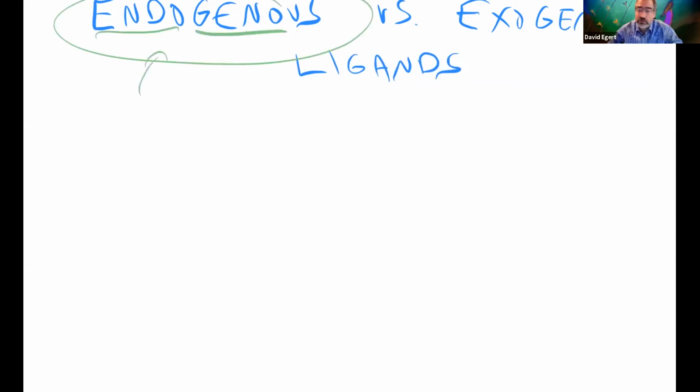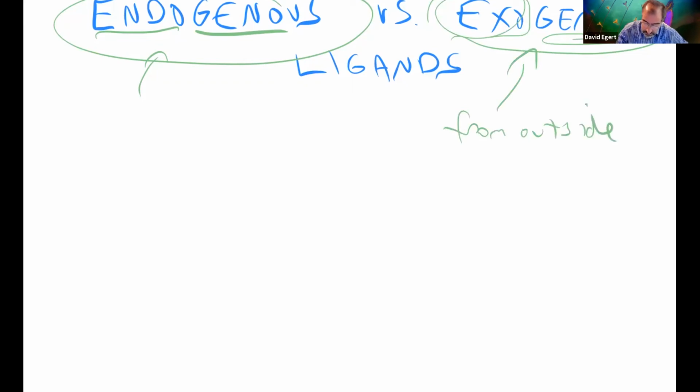These are the naturally occurring ligands that are in your body, like insulin, serotonin, just whatever the normally occurring thing is that's part of your physiological processes. Exogenous: created without. So these are from outside, but they have a shape and chemical properties substantially similar enough to an endogenous ligand that they can bind the receptor.